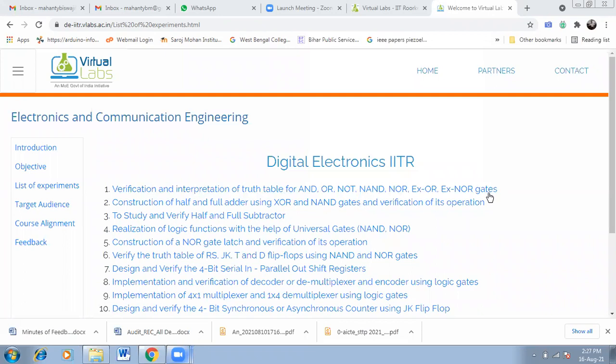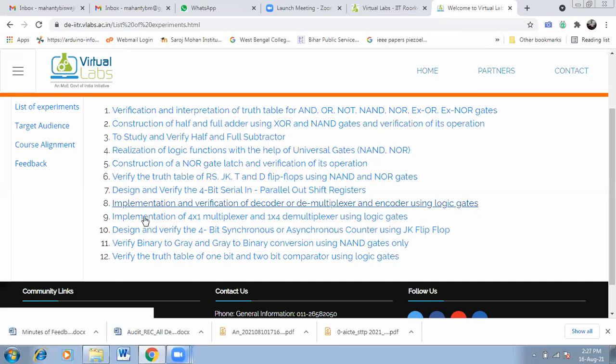The first one we'll do is experiment number 9, that is implementation of 4 cross 1 multiplexer and 1 cross 4 demultiplexer using logic gates.